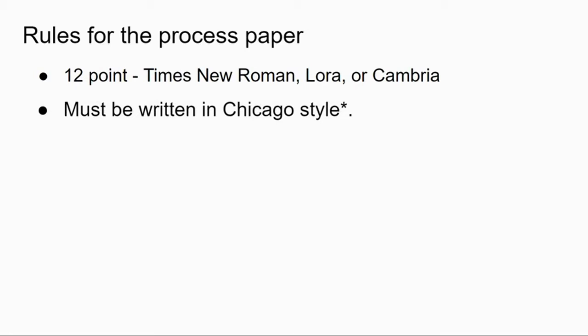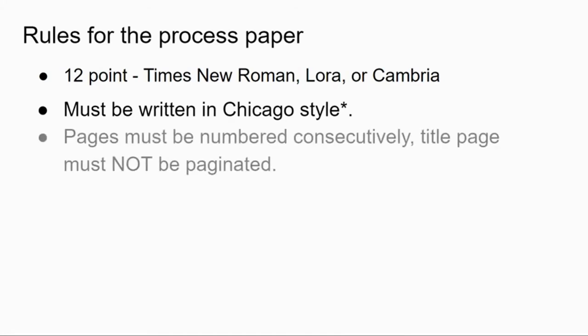Now, we really don't need to worry about this, because when everybody set up NoodleTools, they set it up using Chicago style, and so NoodleTools is going to do that for you. Now, if you're doing a historical paper, you will be writing it in Chicago style, and if you have any questions about how that looks, please get with us so that we can make sure that it is done appropriately.